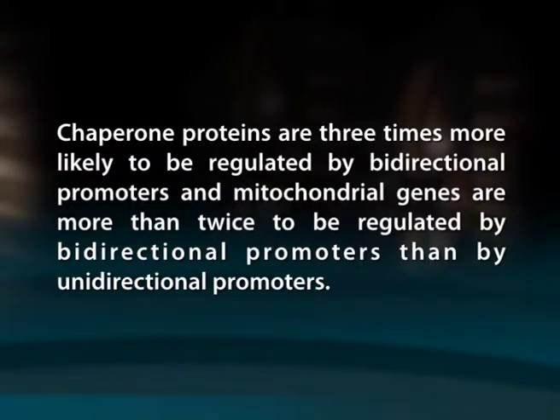Chaperone proteins are 3 times more likely to be regulated by bidirectional promoters, and mitochondrial genes are more than twice as likely to be regulated by bidirectional promoters than by unidirectional promoters. Many cellular metabolic genes and basic housekeeping genes are regulated by bidirectional promoters.